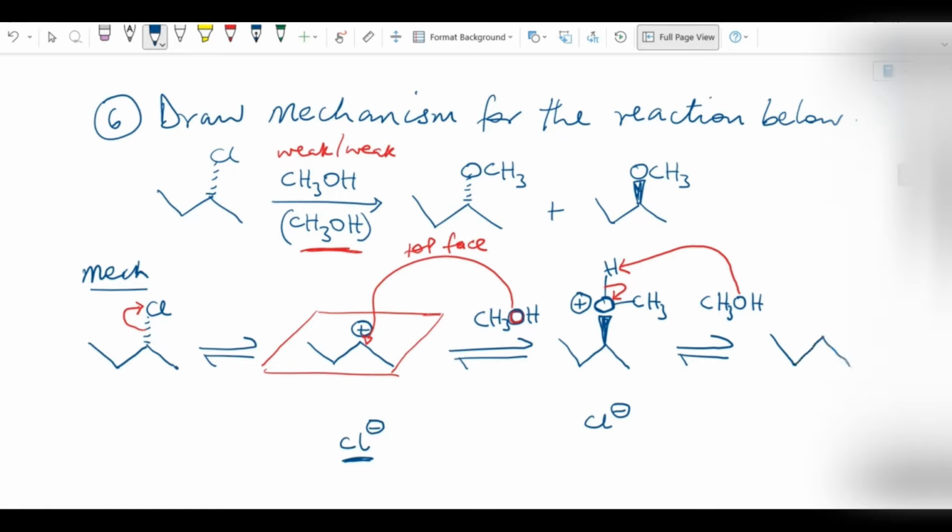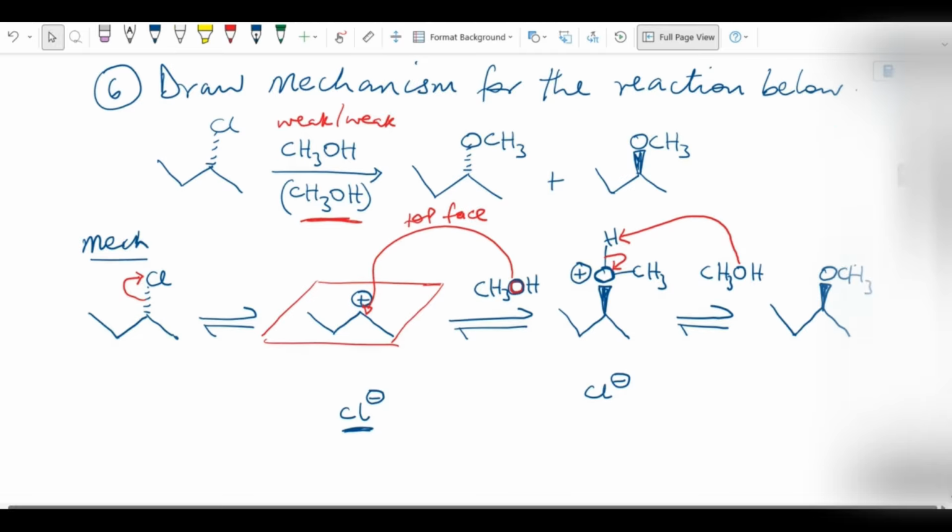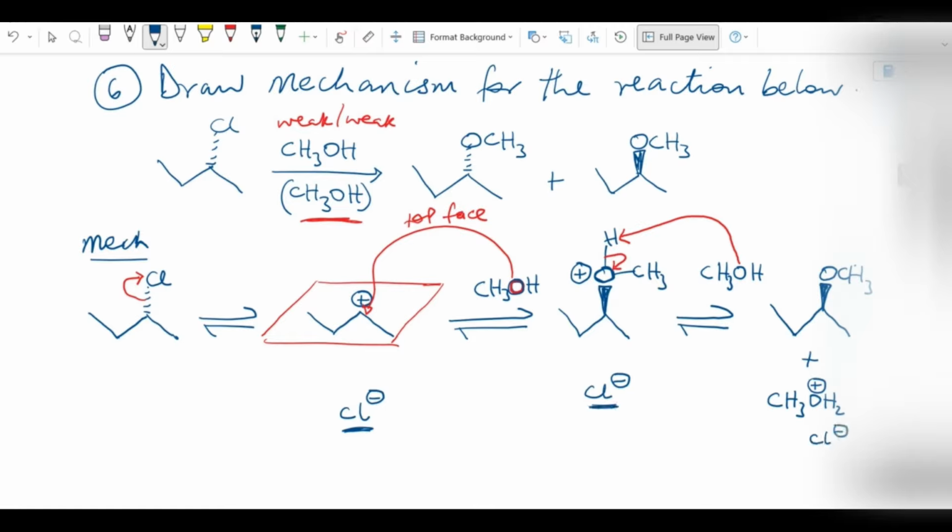And eventually we would have a product. And when the base grabs that proton, it will form the conjugate acid. So we'll have this oxonium ion. Again, the anion will be attracted towards the oxonium ion. And this will be the mechanism for how this particular product is formed.